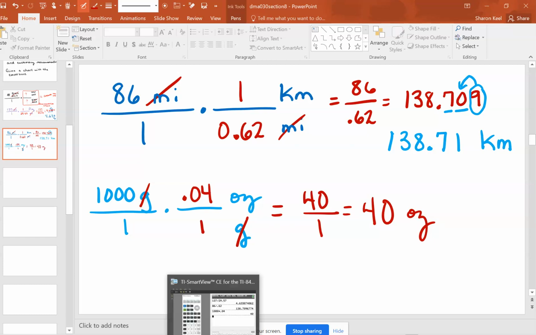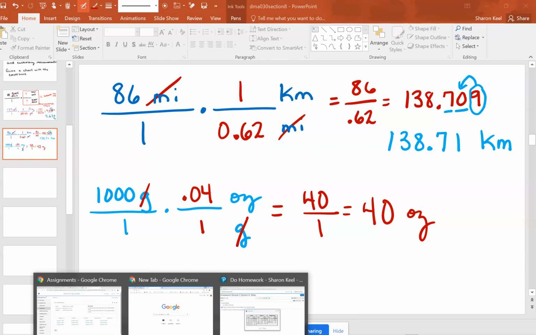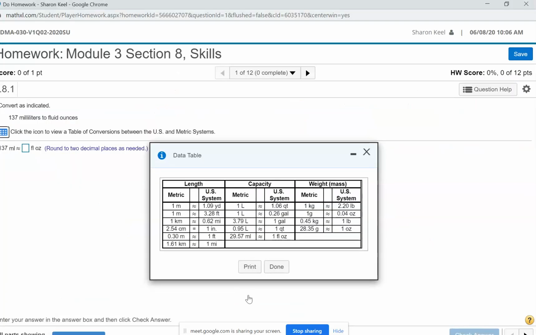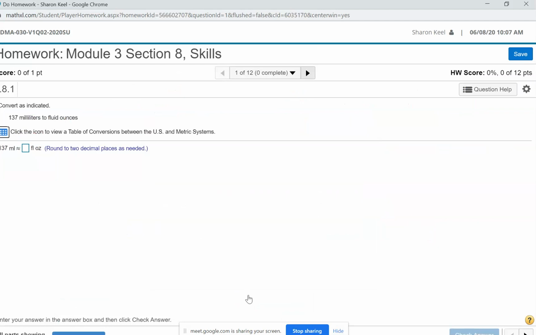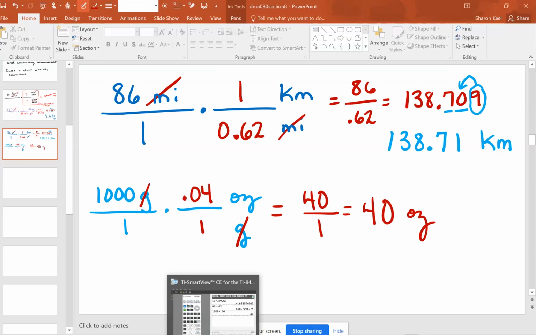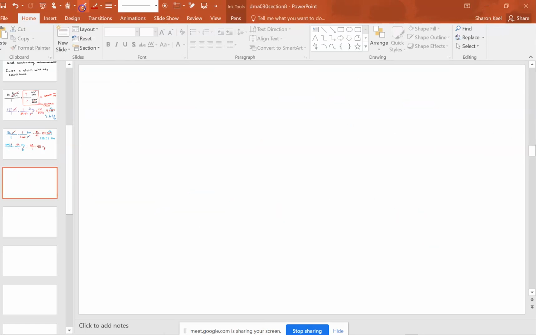Let me come back here on the computer part. Let me close this one out and let me go over a couple of questions. Everything that you have here is going to be from one system to the other. Here's 51 inches to centimeters. So we're going to do 51 inches, put that over 1.